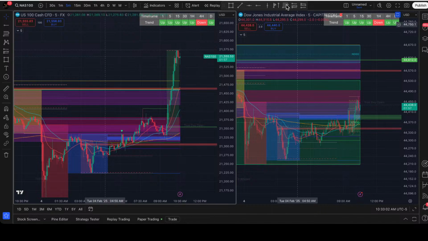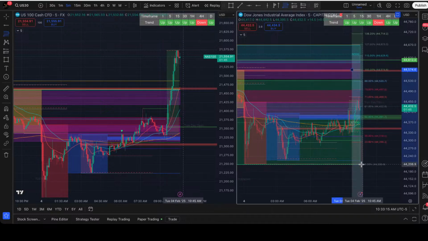There's more telltale signs that we might get a push from here. We're sitting right in the golden zone for US 30.